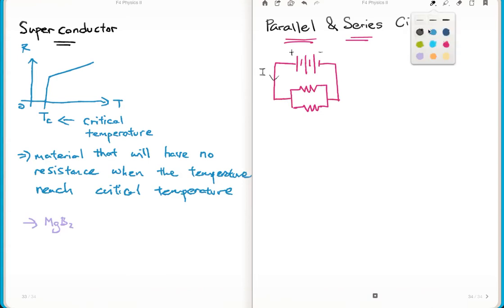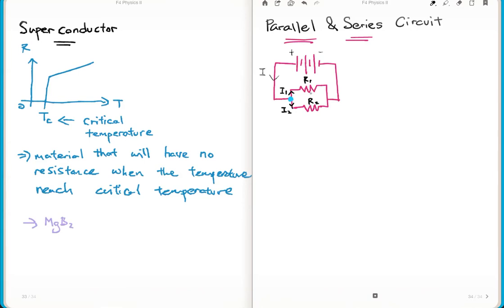Then once it reaches a junction here, what happens? The current splits. In the event that the resistors are the same, meaning R1 and R2 are the same, the current will be split into I1 and I2.